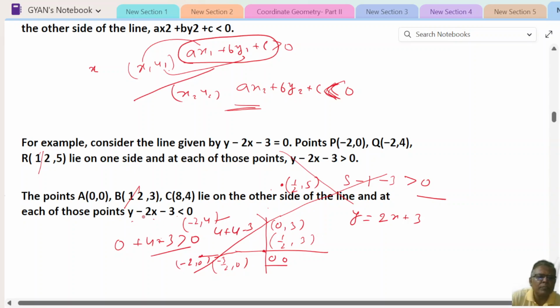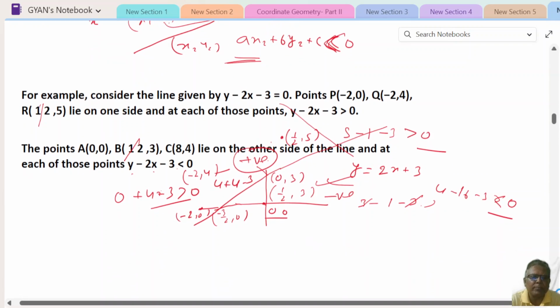Put (1 by 2, 3): 3 minus 1 minus 3 is also negative. Putting another point like (8, 4) gives a negative value too. So points on this side will always be negative, and points on the other side will always give a positive value when you put them in the equation. This is very important.